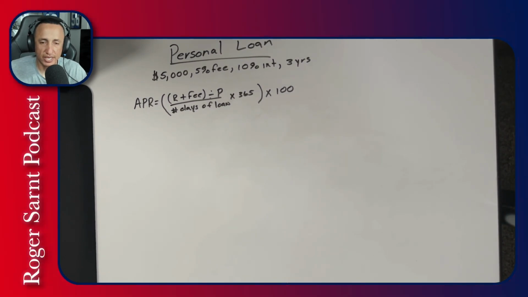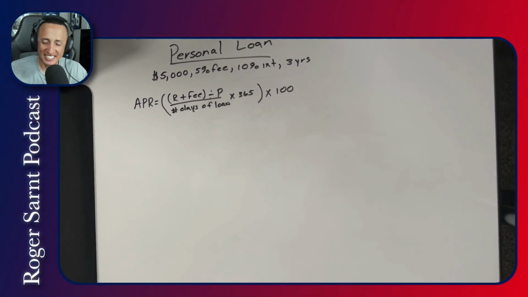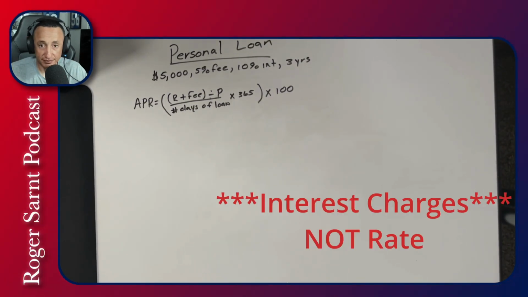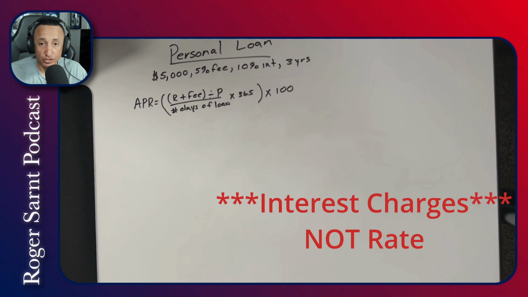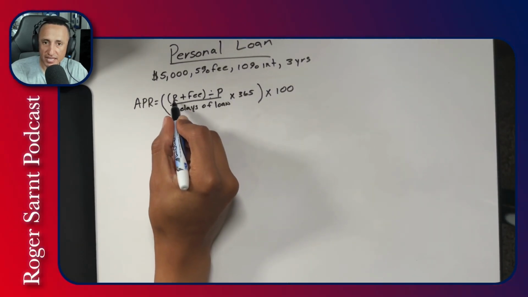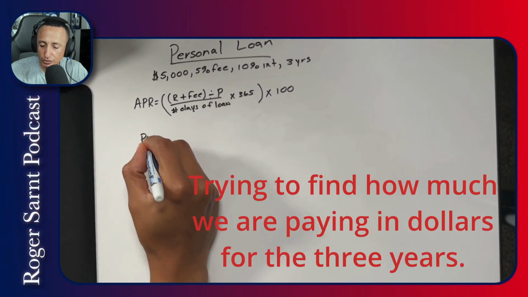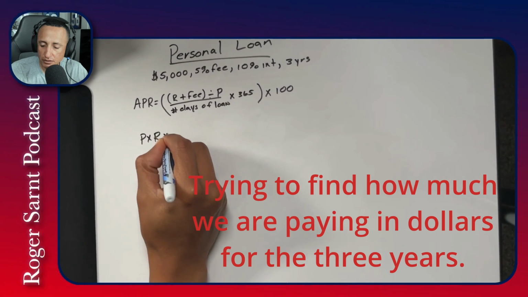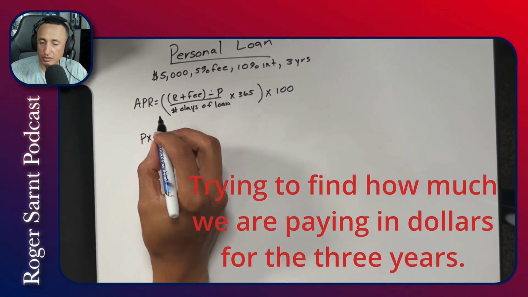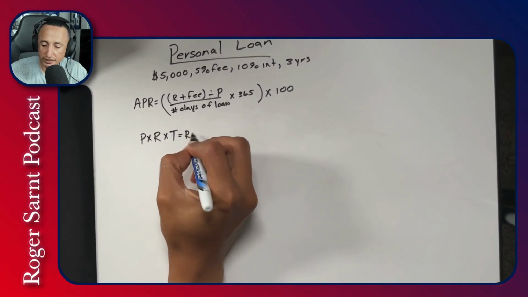Okay. So if you were following along earlier, how am I going to get the rate? How do I calculate rate? My interest rate, right? Because the rate is interest rate. For those of you, PRT is going to be principal times rate times time, and that's going to give me what my rate is.